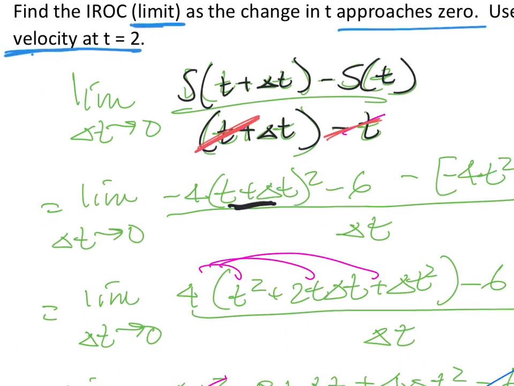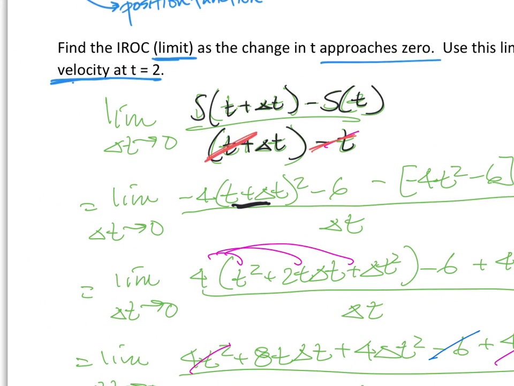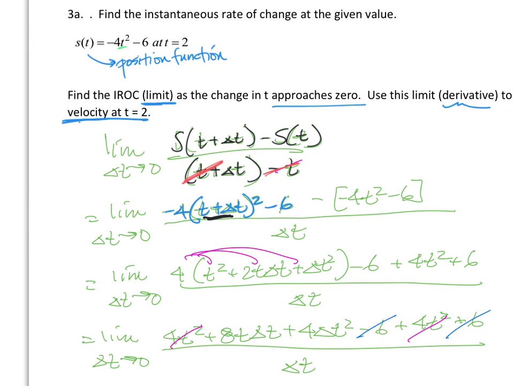So this is where we have this inserted into our function. So we have that -4 and the -6. So that's plugging in the t plus delta t, and we're squaring it. And then we are subtracting that original position function.